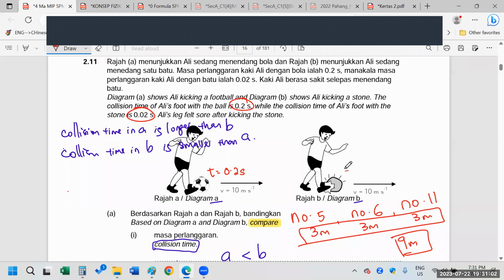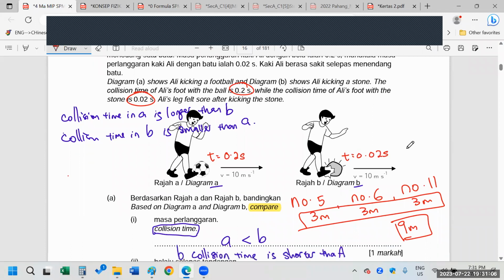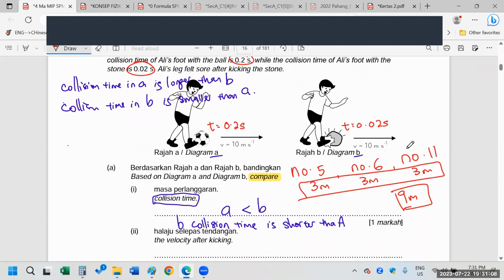Time for the stone is 0.02 seconds. Actually, they already gave it. If not, just remember when hot, then the time would be shorter. So this time would be longer. So the answer is A is smaller than B. Sorry.